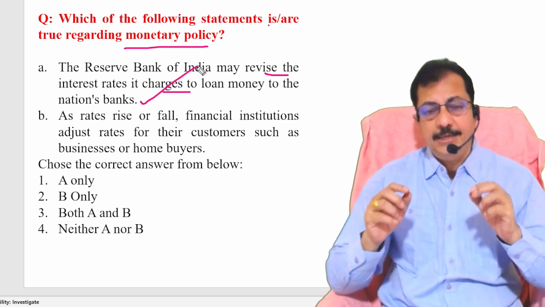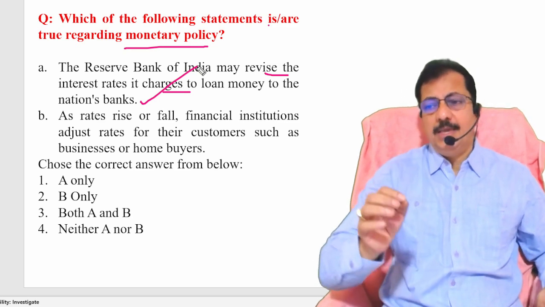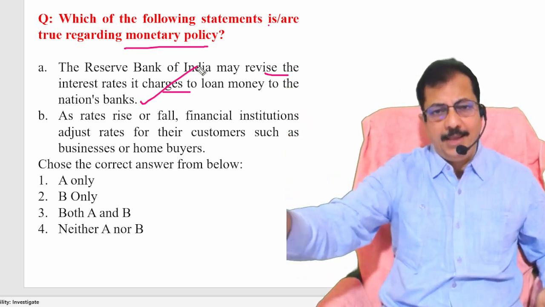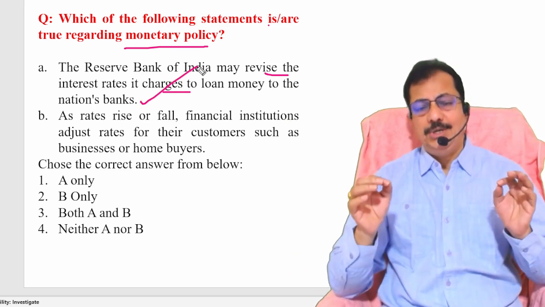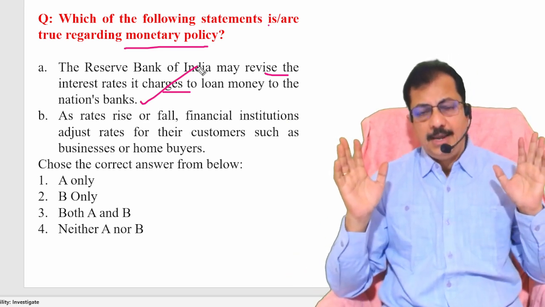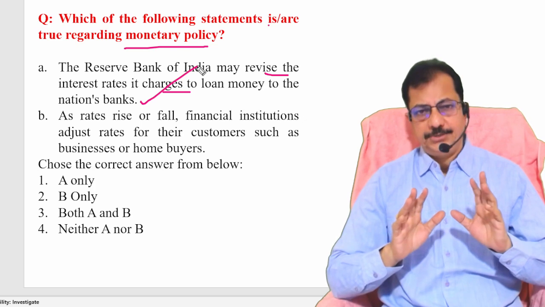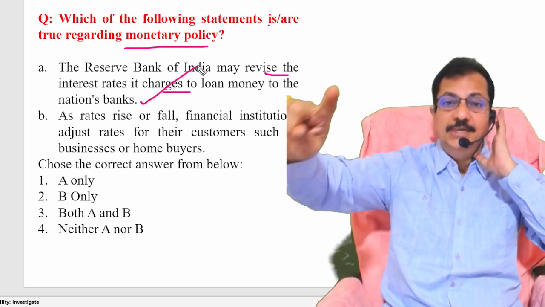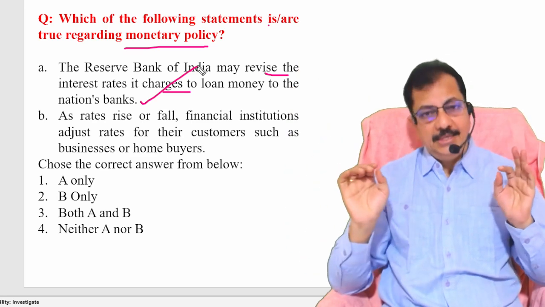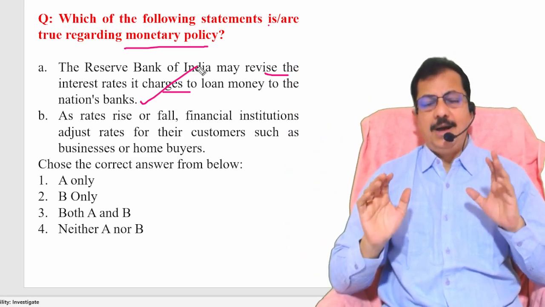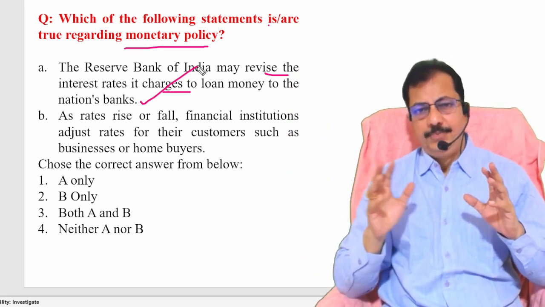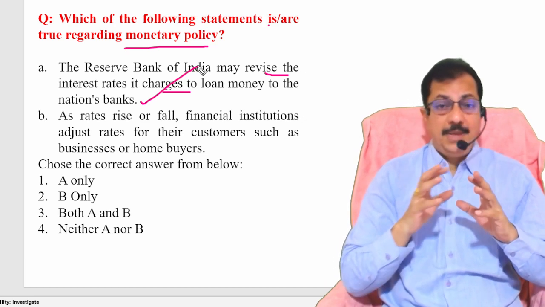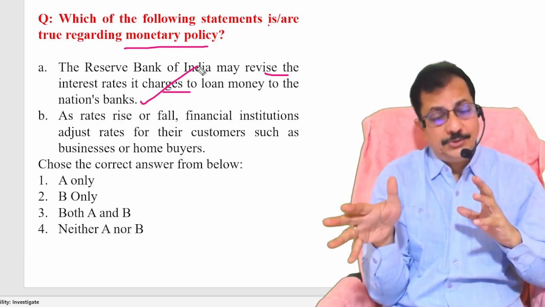That is the reason why, if RBI is giving loan to a bank, RBI will charge interest rate, right? And the bank has to pay that interest. Is that okay? How much is the interest rate? That will be decided by RBI. In the similar manner, when RBI is taking loan from the banks, RBI has to pay interest to the banks.